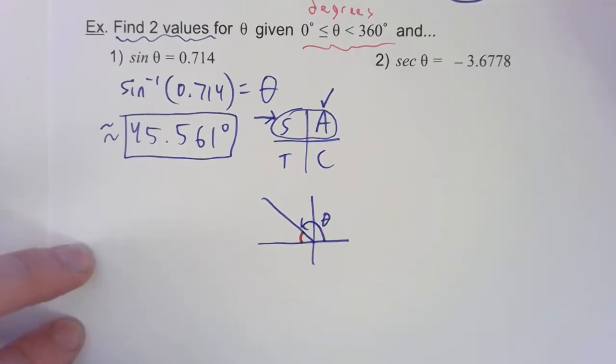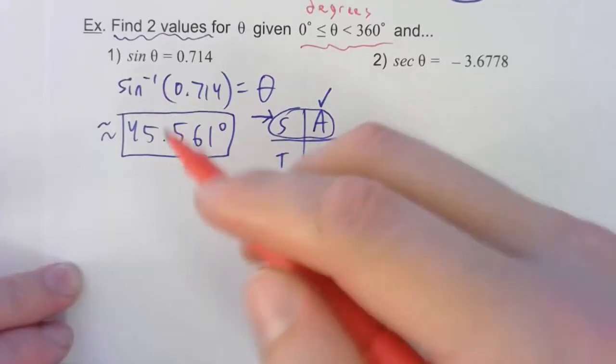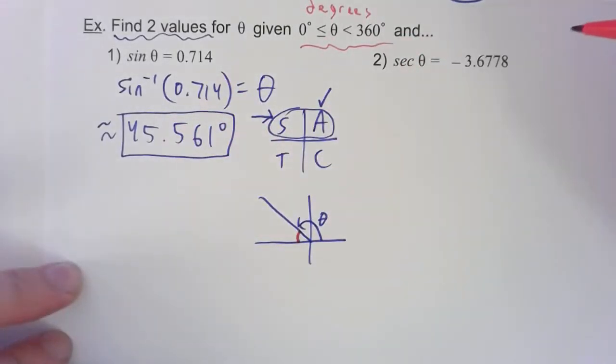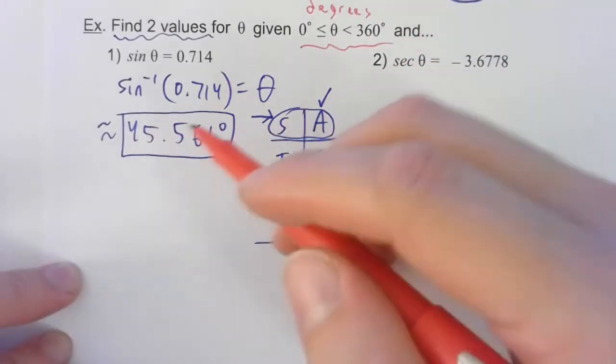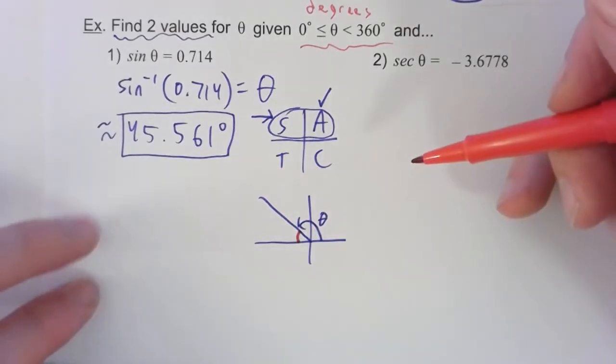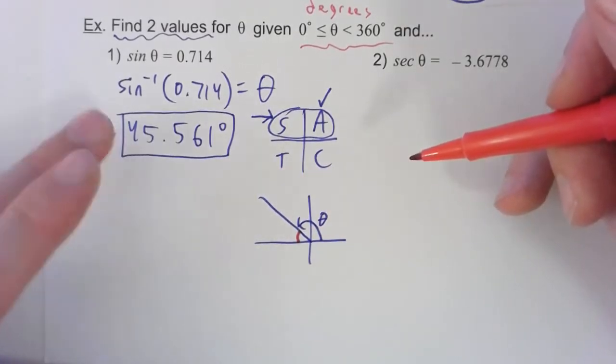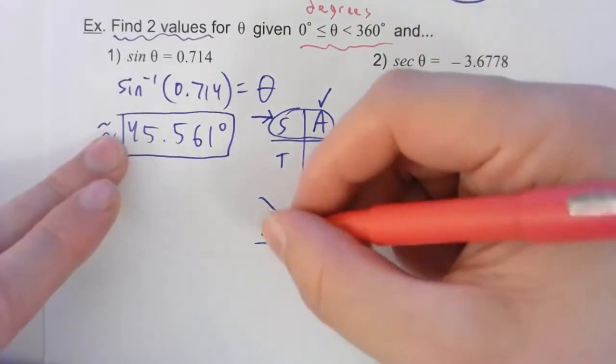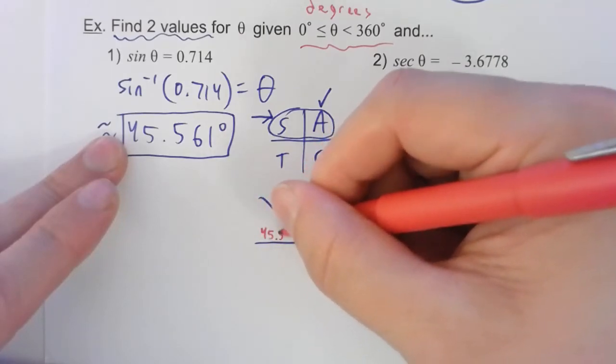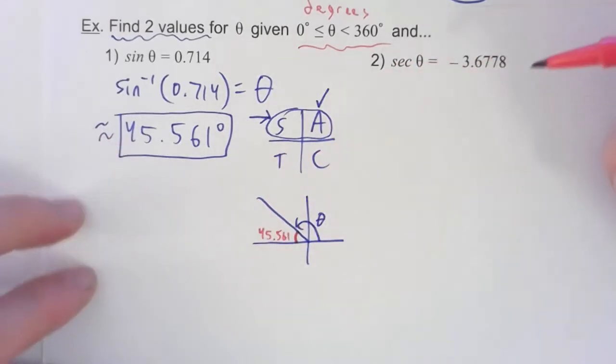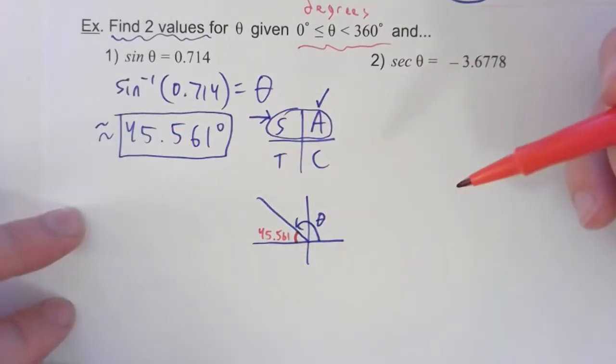Okay. Remember, we said that angles that have the same trig values have the same reference angle. Okay. Well, 45 degrees would be its own reference angle. This is an acute quadrant 1 small little angle right here. Okay. This angle is this reference angle right here, 45.561, in order for them to have the same trig values.